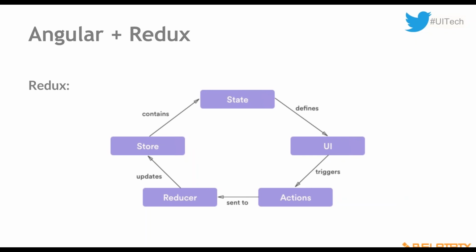So you have the state of your application that defines the UI. The UI triggers actions through the events in the page. The actions are being sent to the reducers, and the reducers update the store that contains the state. The reducers are made from pure functions. We'll see this in the next slide, but you always go in this direction.